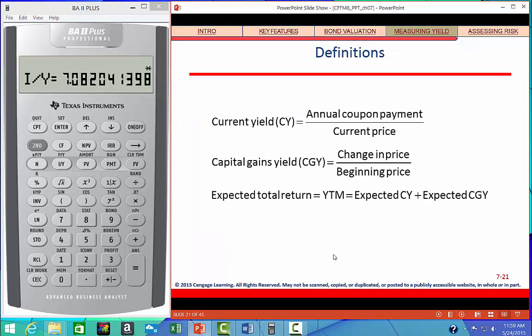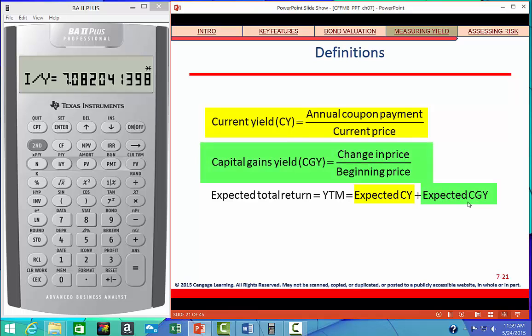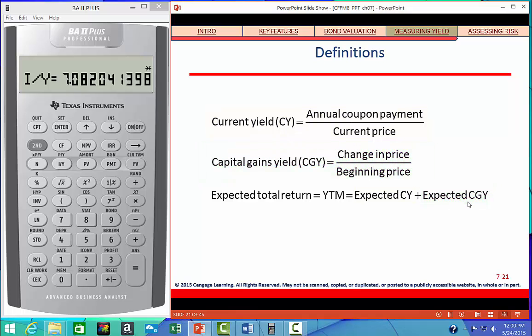And now we have a way to divide up the yield to maturity into two components. So this expected total return equation right here is really saying that's the yield to maturity. It's equal to the expected current yield plus the expected capital gains yield. This is the same thing as if you were looking at a total return for a stock.